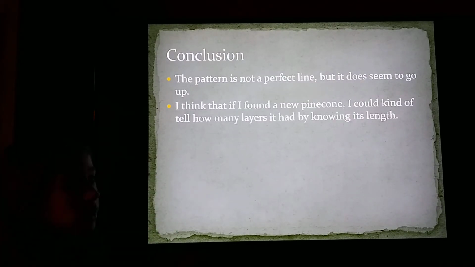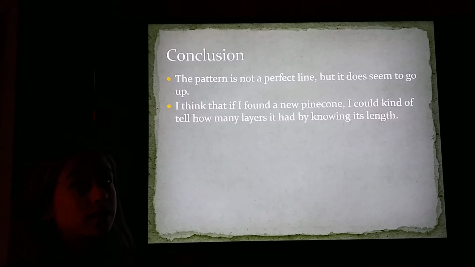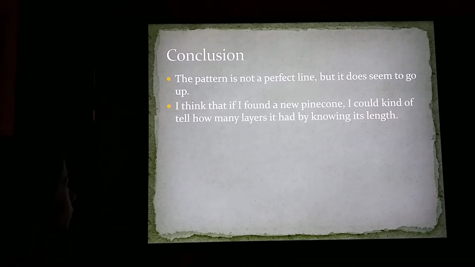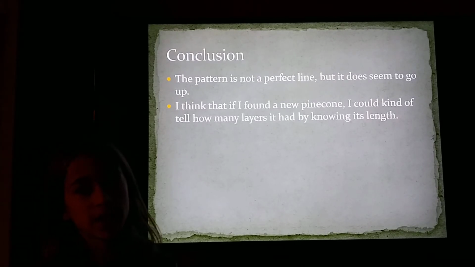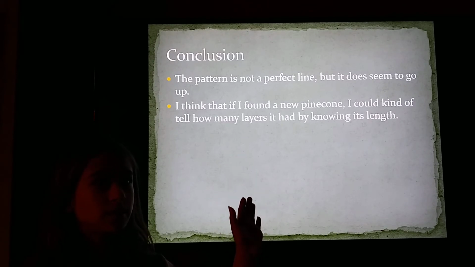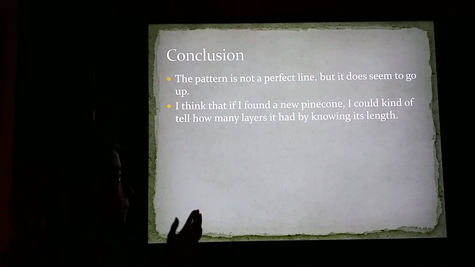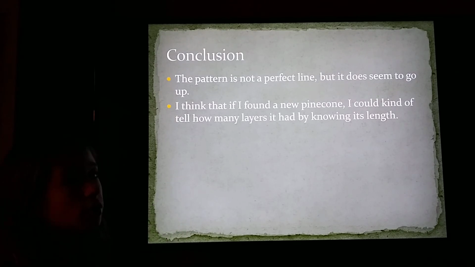So in the graph, the pattern is not a perfect line. There's a couple scattered out, but it does seem to go up. The more layers it has, the longer it'll be. And I think if I found a new pine cone without counting the layers, and I just made a guess, I could round to a certain amount of layers because they're all kind of the same.